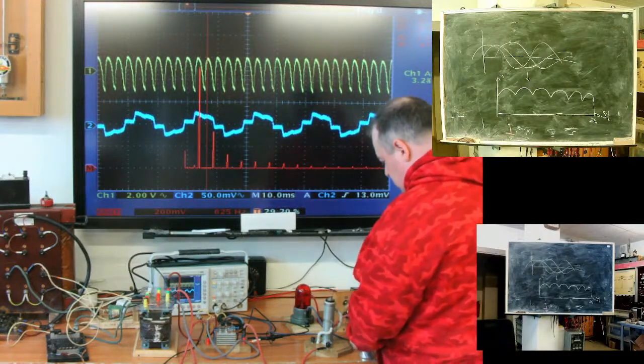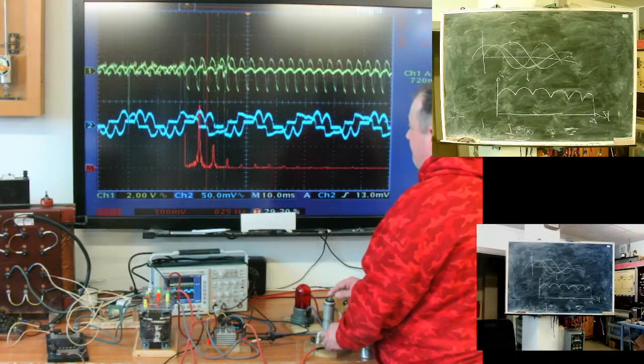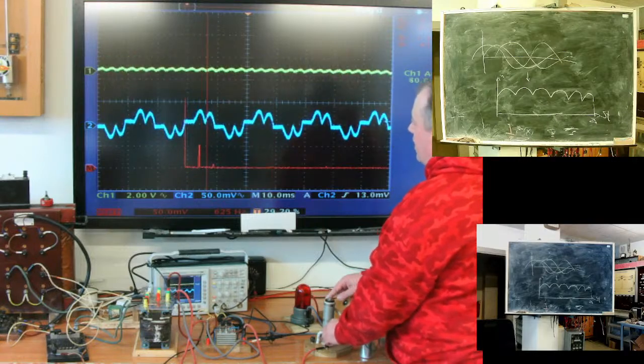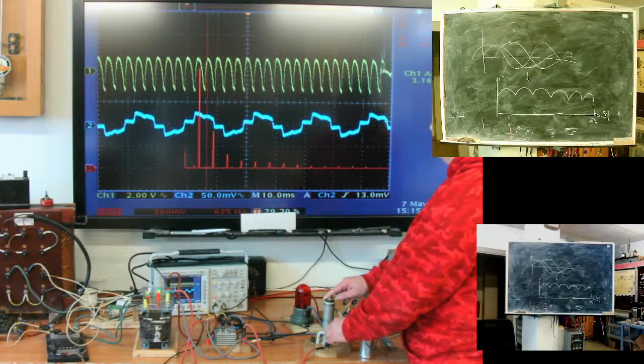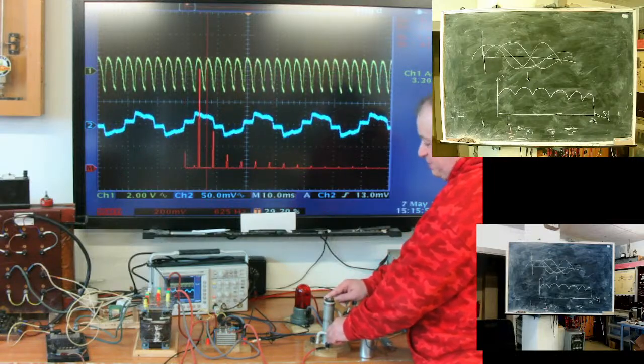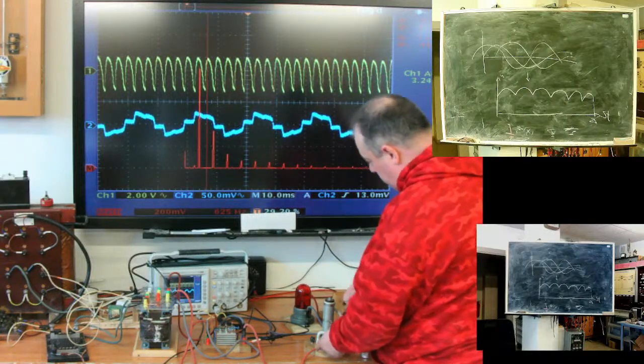Maybe I can add a filter. 50,000 microfarads. See, ripple reduces. What's expected? And what about primary?